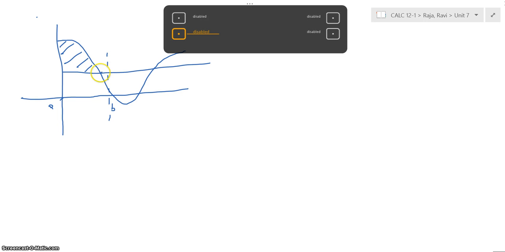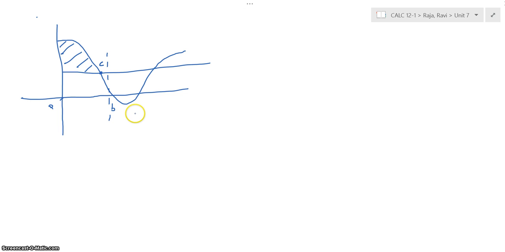We say between A, which we'll put at the y-axis here, and B, which we'll put here. We have to find this area, and we'll have an intersection point, which we will call C, right here.